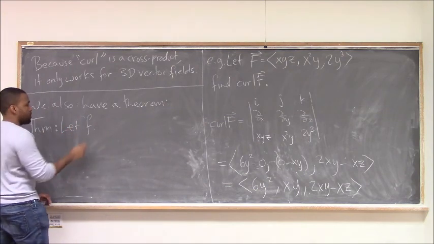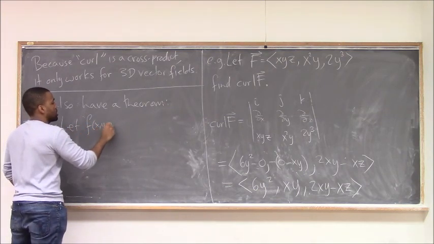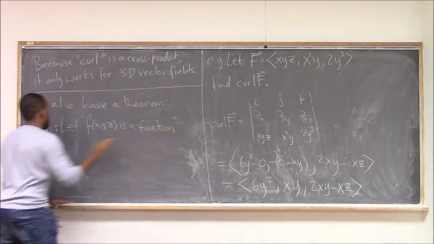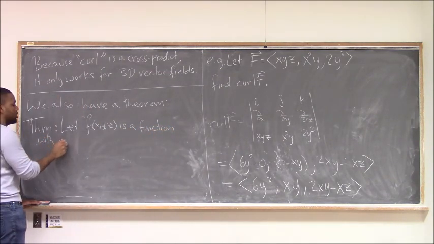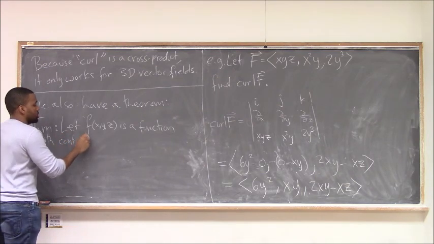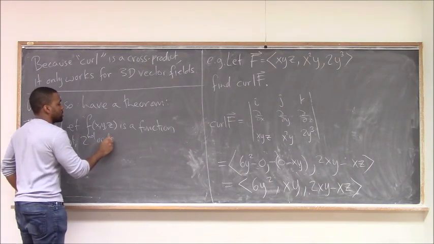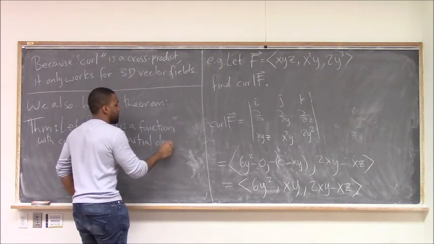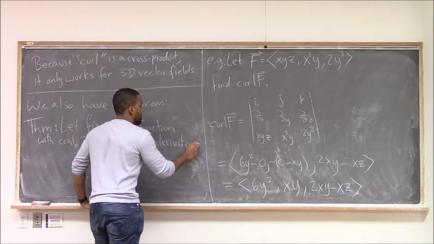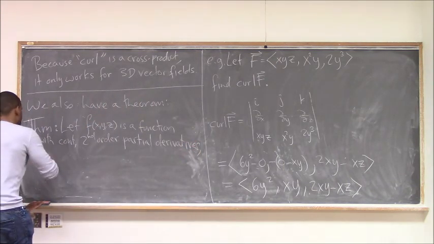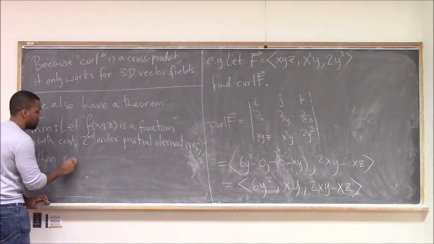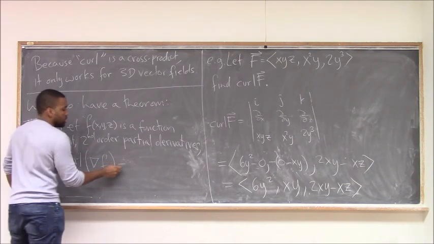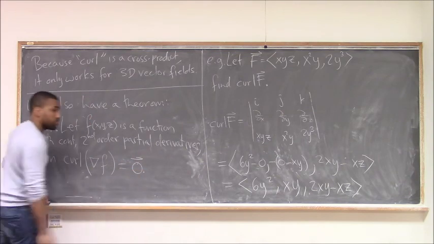Just want to make sure F has continuous second order partial derivatives, then the curl of the gradient of this function is always going to be the 0 vector.